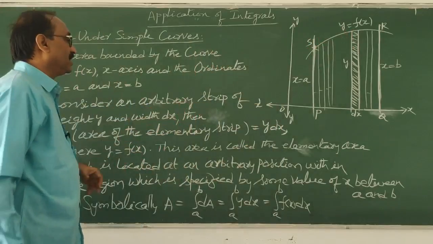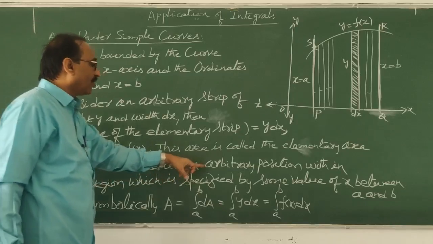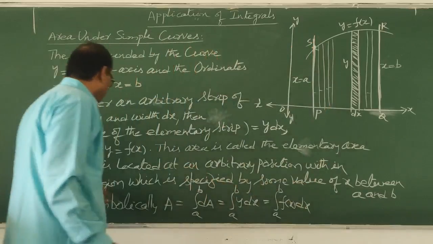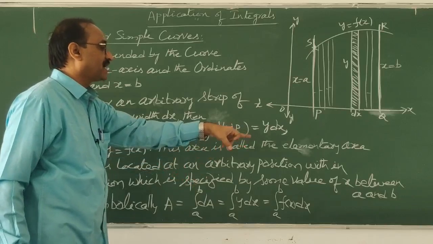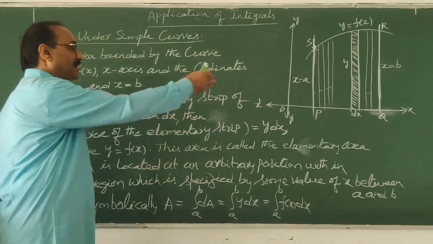So this area is called the elementary area, which is located at an arbitrary position within the region, specified by some value of x between a and b. That is only one position in between a and b.